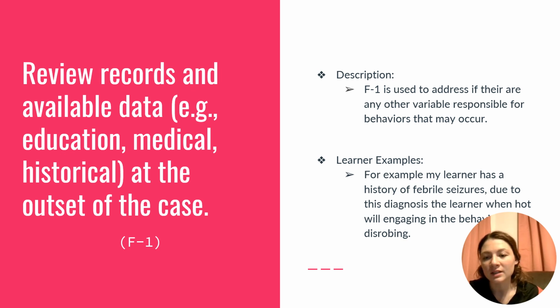Due to this diagnosis, the learner does get hot, and this contributes to the learner engaging in disrobing. So they kind of go hand in hand. Knowing the medical history lets us know why some behaviors might be occurring.